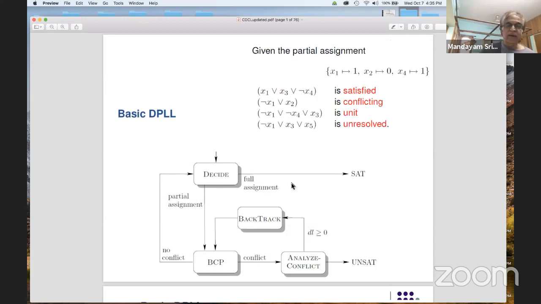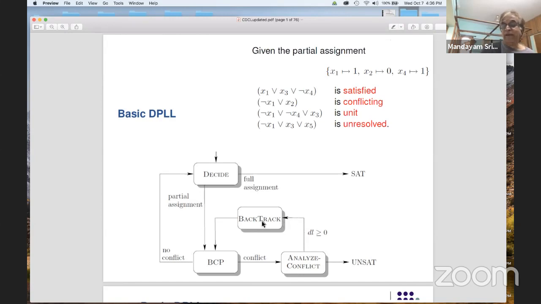You have the full assignment, at least for those variables that you care about, and the result is satisfied. But if it still has unresolved clauses, I mean clauses that don't simplify to true or false as a result of BCP, then you make an explicit decision. Then if you get a conflict, that is no longer a definitive conflict, because it is a decision; you have to explore the other side.